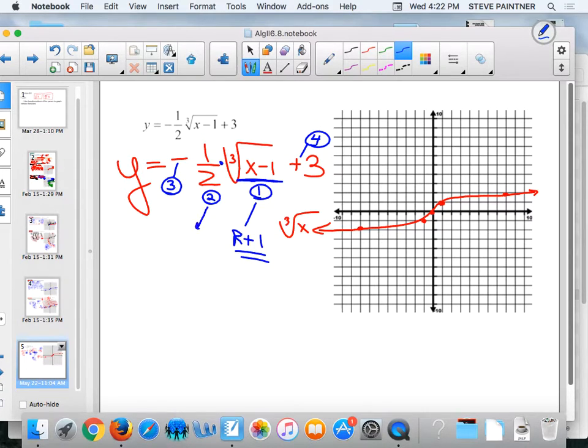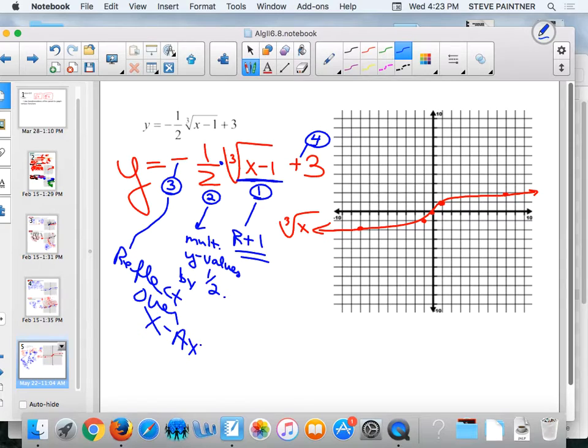Number 2 is multiply the y values by what? 1/2. Okay, then what? Reflect over x-axis. Then finally, up 3. That would be the fourth thing you do.